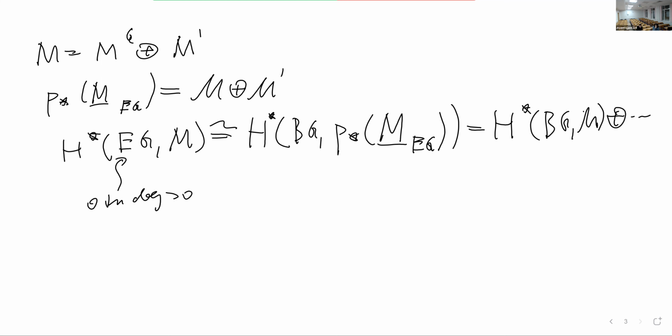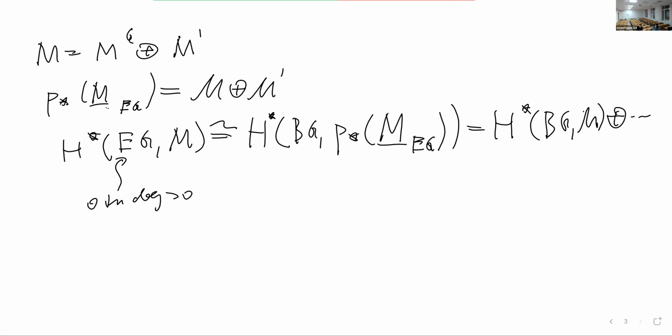Okay, so I have a trivial local system on EG with stalk M. I want to push it forward. What do I get?